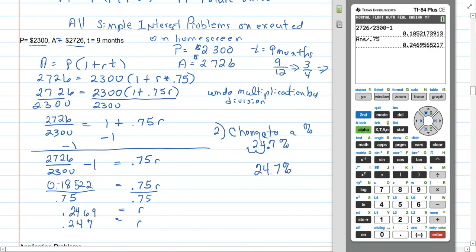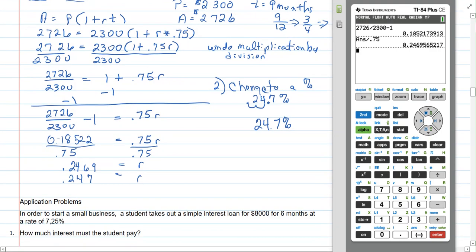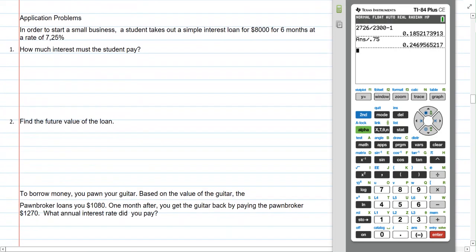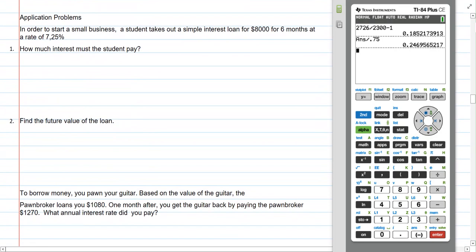Now, on the computer, they might ask for the whole percent. So be careful on that. I don't recall that particular homework problem. So we have an application here, and we know applications to mean language used to describe.